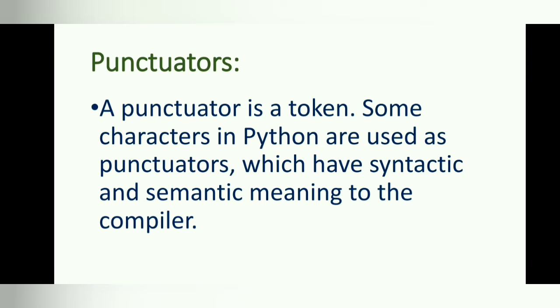What is semantic? Semantic refers to the meaning or result of a statement or expression in a programming language. Semantic describes the processes a computer follows when executing a program in that specific language.